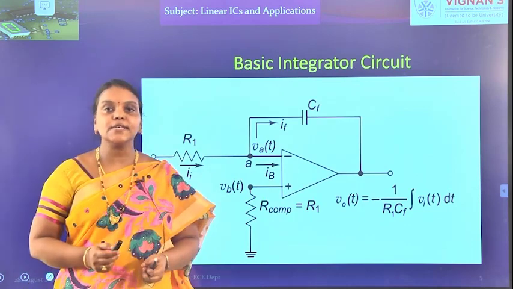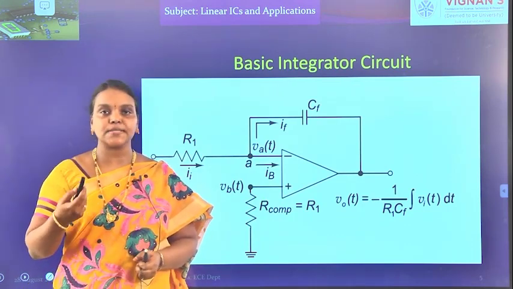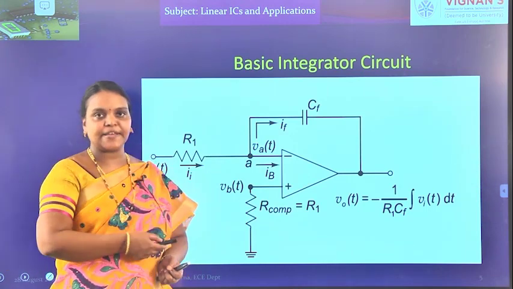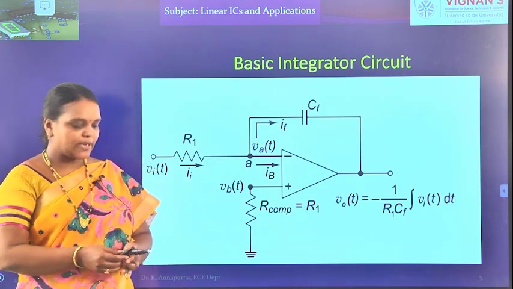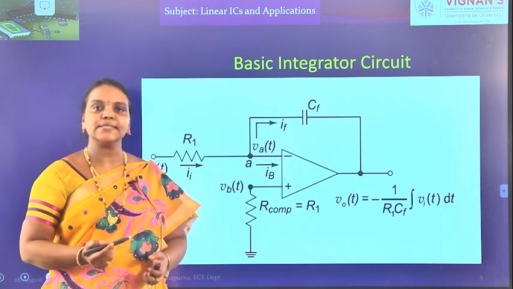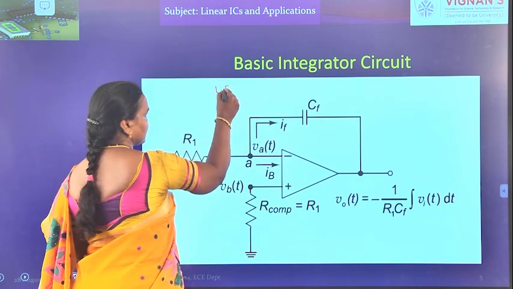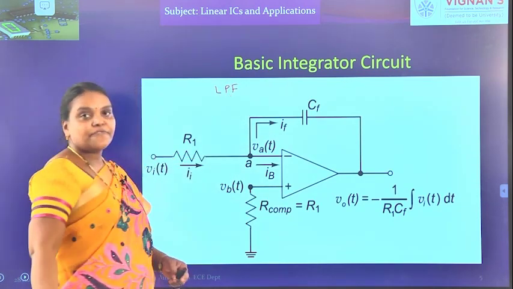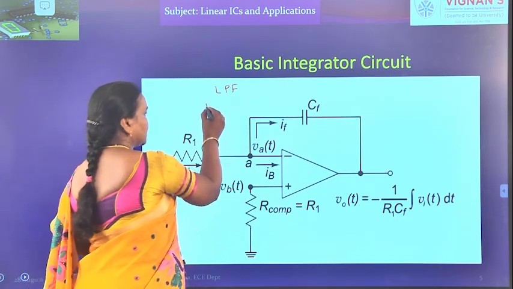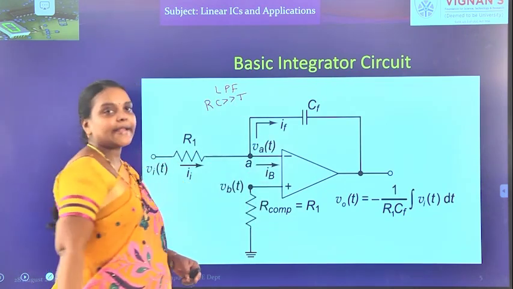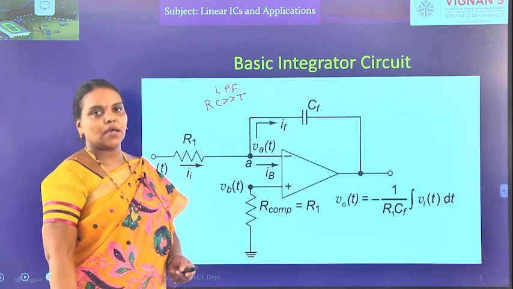Now, let us see the circuit diagram which performs this integration operation. This is the operational amplifier integrator circuit. Actually, the low pass filter acts as an integrator. So this is the low pass filter, and for RC far greater than T, it acts like an integrator.